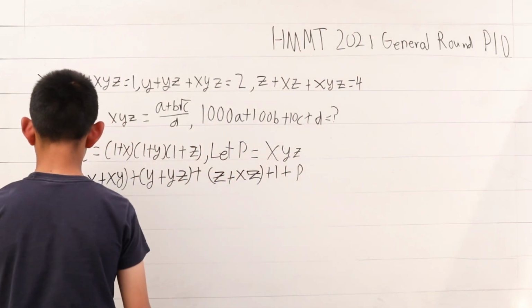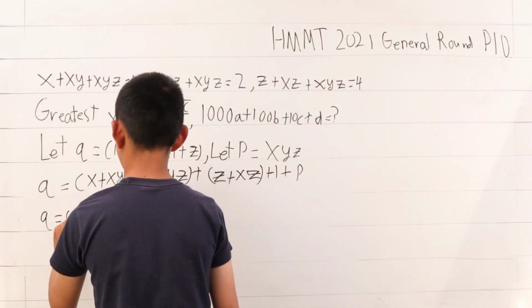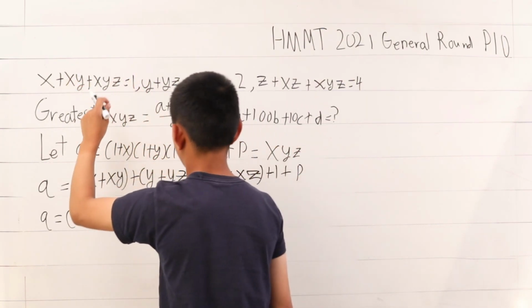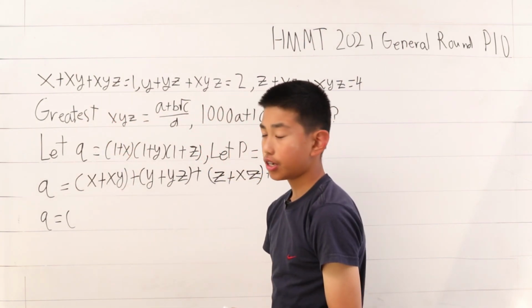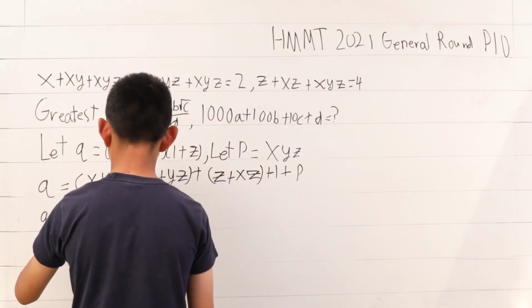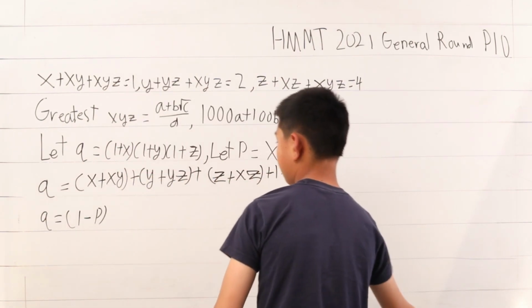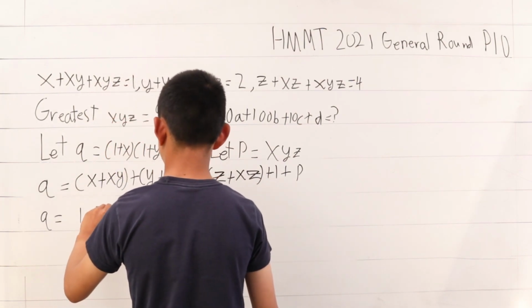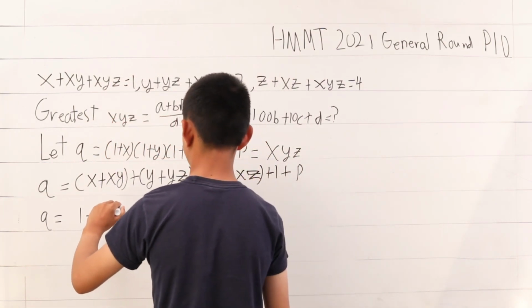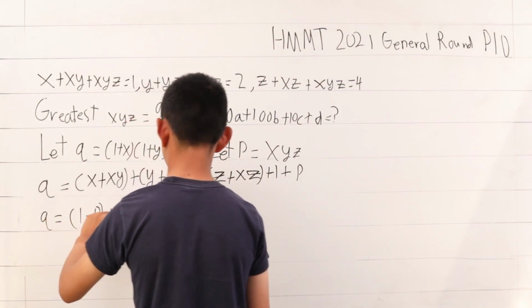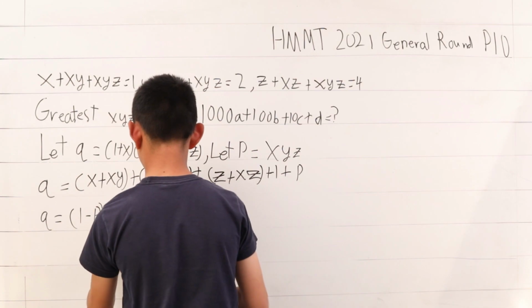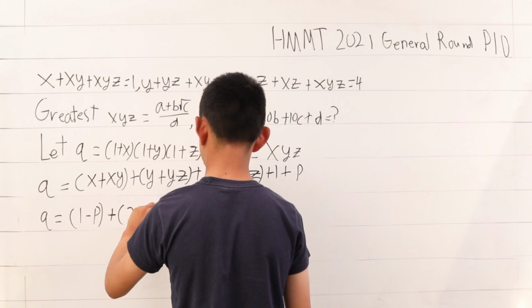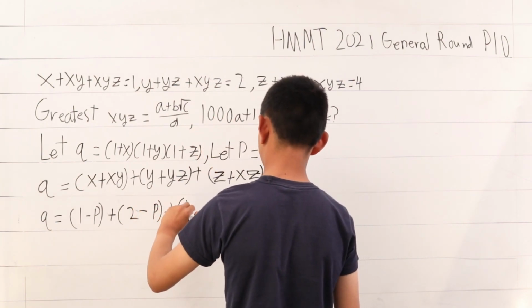Let's take the first one as an example: x plus xy is equal to 1 minus xyz, or 1 minus p, since p is xyz. So this is 1 minus p, plus, doing the same thing here, 2 minus p, plus 4 minus p.